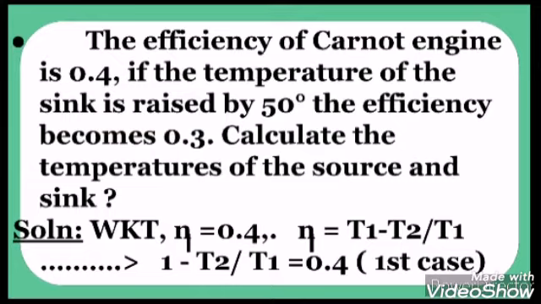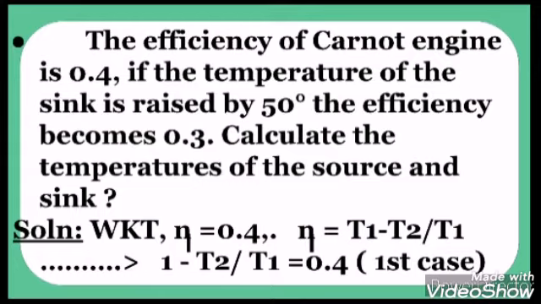There are two cases in this question, that is initial efficiency and final efficiency when the temperature of sink is raised by 50 degrees Celsius. Now we solve the first case. Eta is equals to 0.4 by given data and we know the formula eta is equals to T1 minus T2 by T1 or 1 minus T2 by T1.